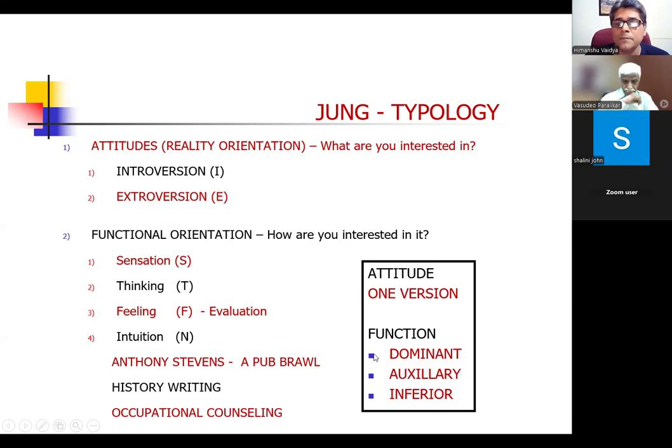And every person has four functions. So one attitude and four functions, but these functions are such that one of these four is dominant. And we'll see what happens if each of them is dominant. Or we can see it right now. If sensation is dominant, what DSM pathology can it lead to?